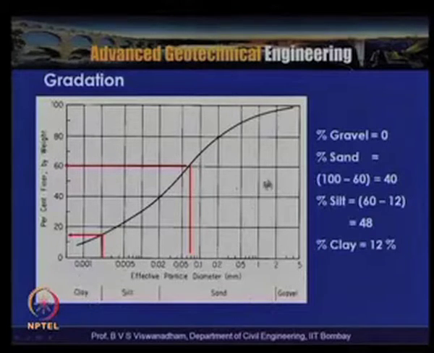Here the percentage gravel, which is more than 4.75 mm, is found to be 0, and the sand size is from this side to the size of the silt, that is 0.075 mm, where 100 minus 60, that is 40%, is sand, and the silt is from this 60% down to this 12%, that is 48%, and the clay fraction is about 12%. That means this particular soil has about 60% fines, that is, passing the 200 sieve.